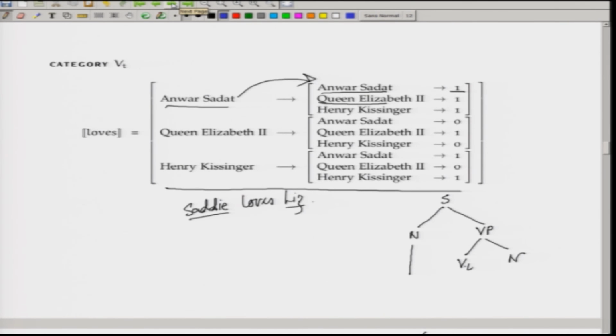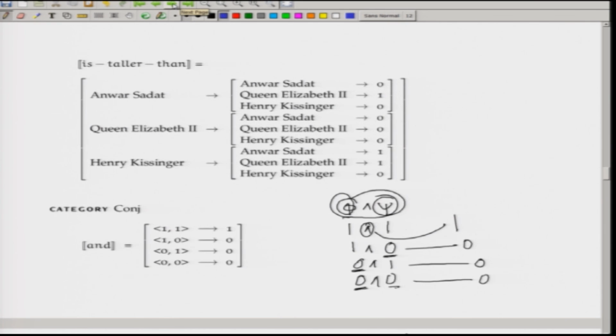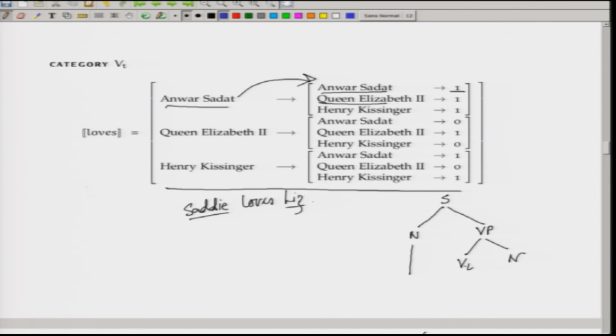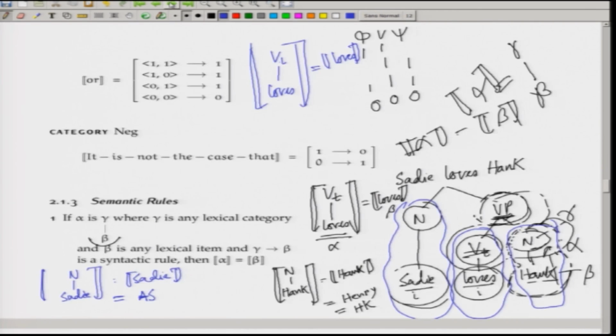So, this entire thing will be the reference of this branch Vt goes to loves, and then the reference of n goes to Hank will actually be the reference of Hank, which is Henry Kissinger, right.